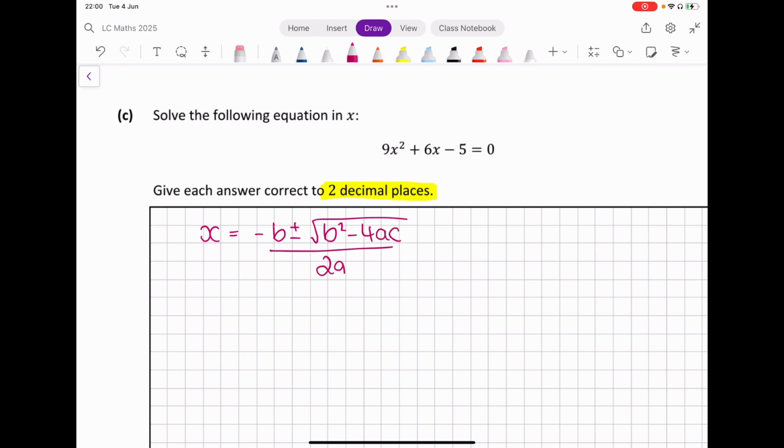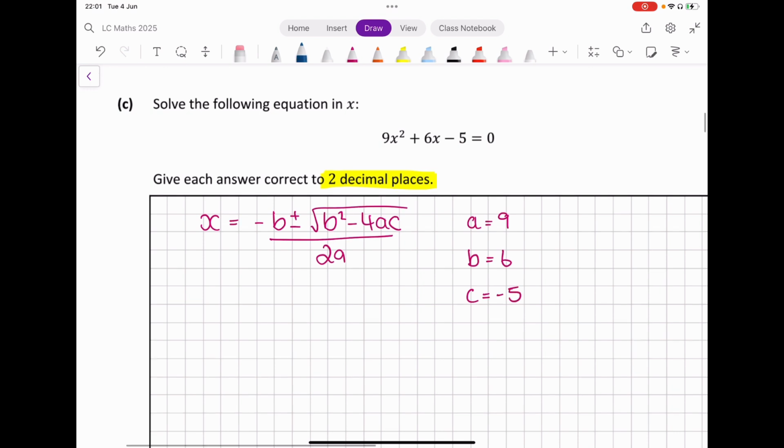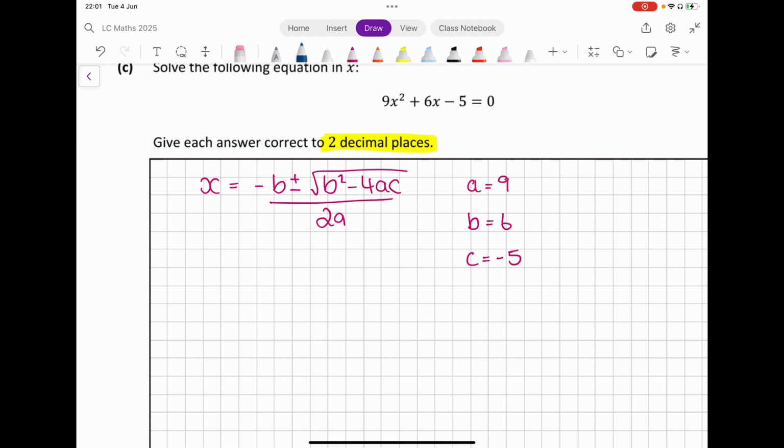Okay, and then I'm going to write down what a, b, and c are. So a is the number in front of the x squared, 9. B is the number in front of the x. C is the number on its own, which is your minus 5. And now all I'm going to do is sub in each one of those, and I'm going to remember to put brackets around them when I sub them in, just in case there's any sticky signs.